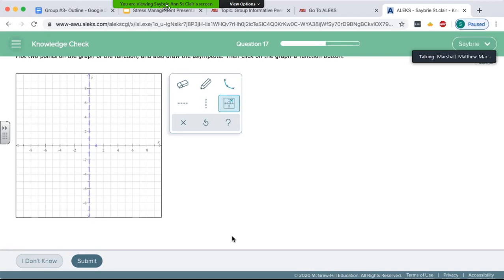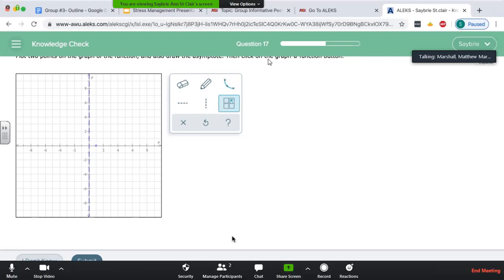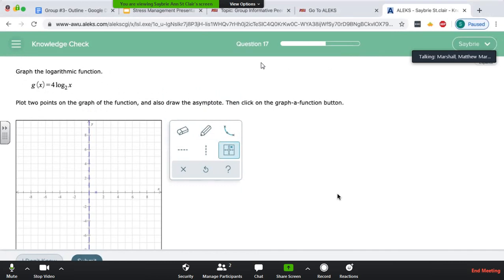Let's plug in 1. Let's use our calculator and plug in log base 2 and then plug in a different number and see what you get. Well, you plug in 1 and you got 0. Plug in like 2 or something. Let's see, I'll try it too on mine. What was the formula again? 4 log base 2x.